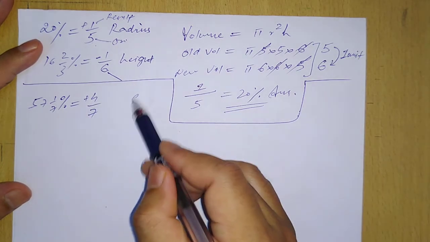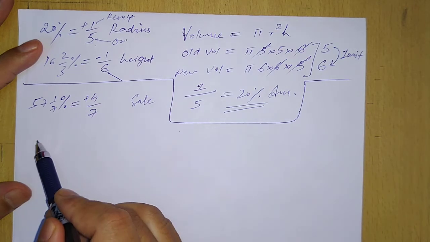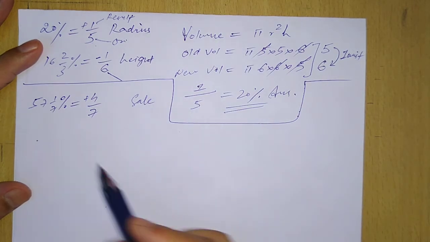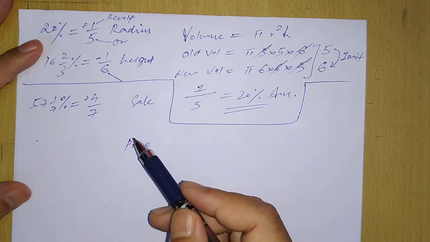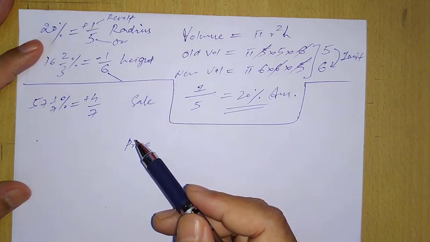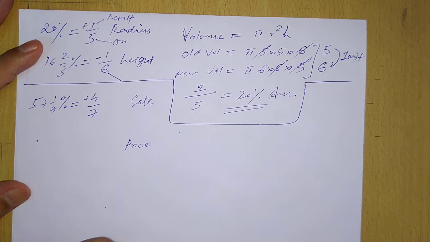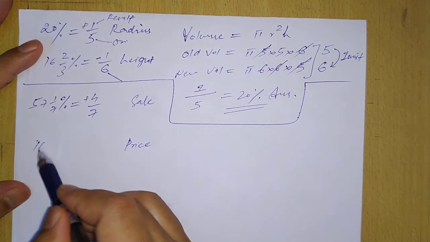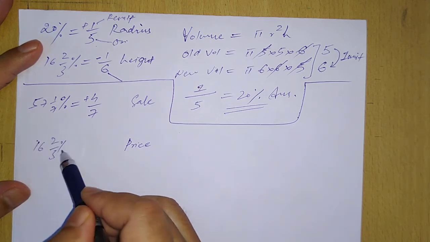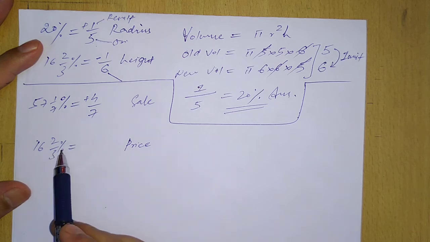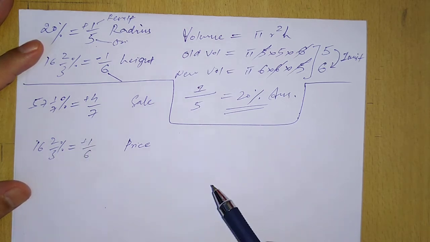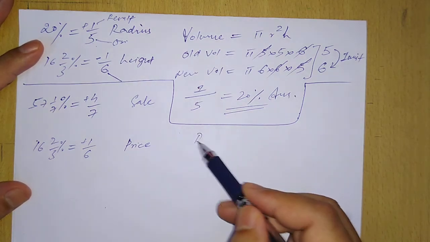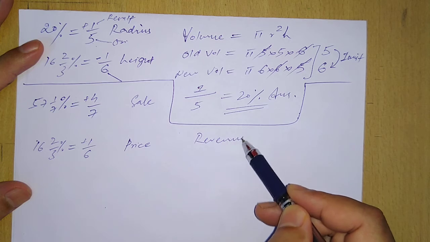Now this is the sale, and the price of a ticket is also increased by 16 2 by 3%, and 16 2 by 3% is how much? 1 by 6.